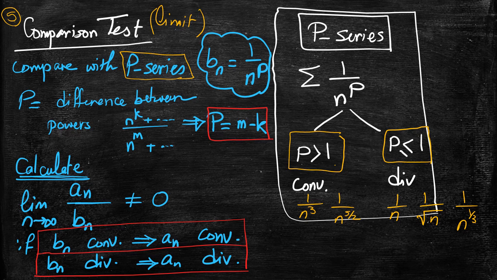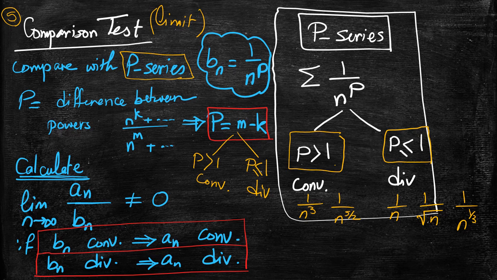If we have any polynomial multiplied with another function in the numerator or even the denominator, we're just interested in n itself. We are speaking about the greatest power on both sides. So then we will get p, and if this p is greater than 1, this would be convergent, as we are comparing with a convergent series. If p is less than or equal to 1, this will be compared with a divergent series.